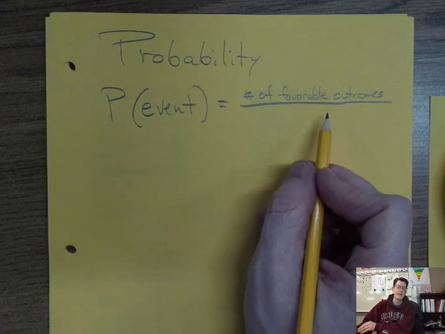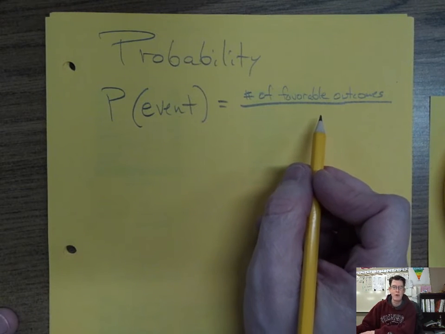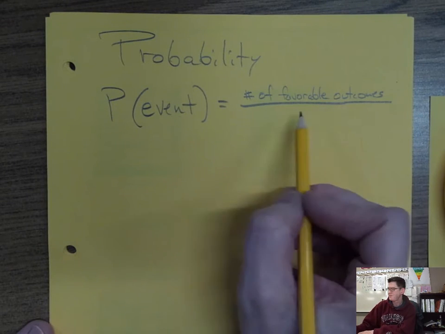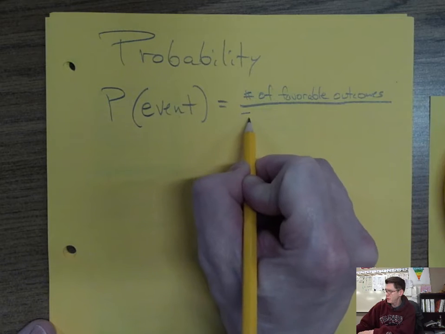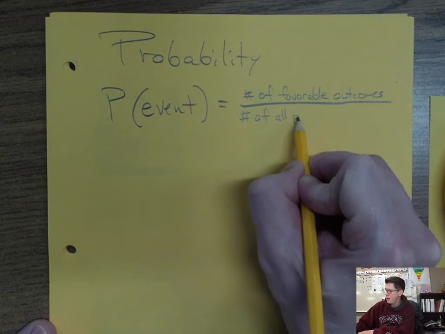How many ways can an event happen? How many ways can you roll a 6, or flip a die, or spin a certain number? That's the numerator, the number on top. Then on the denominator, the bottom, is the number of all possible outcomes.